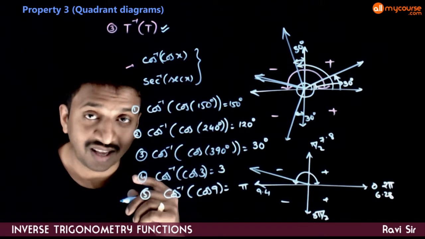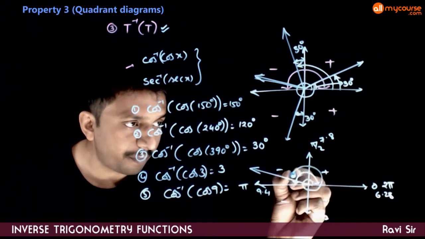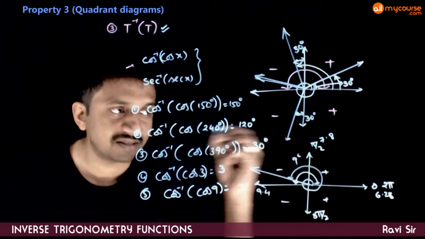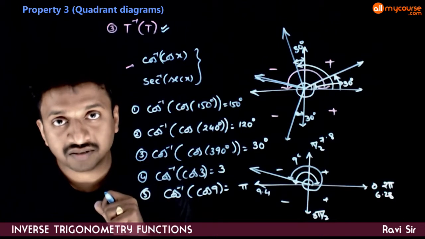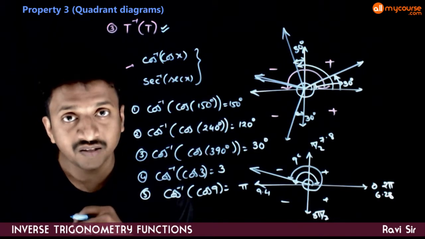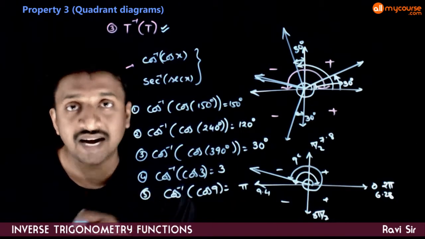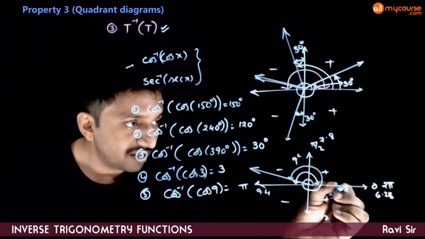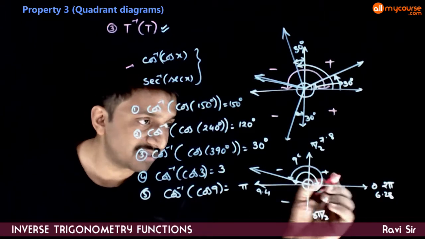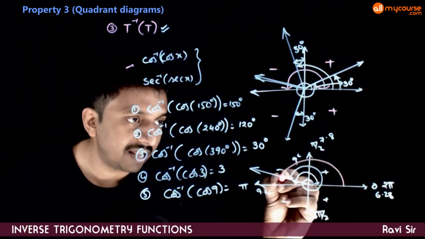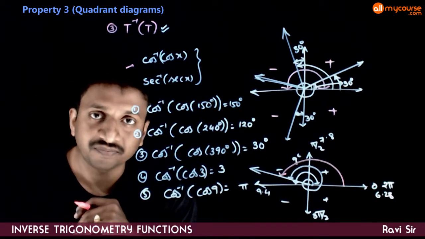So how is 9 visible to you? One complete rotation plus this is 9 radians. Now this is well within the range of cos inverse, so you don't need to reflect it. Just measure this angle corresponding to this ray in the standard convention, starting with positive x-axis. If you measure this angle, that will be the answer. So can you tell me what this angle is?